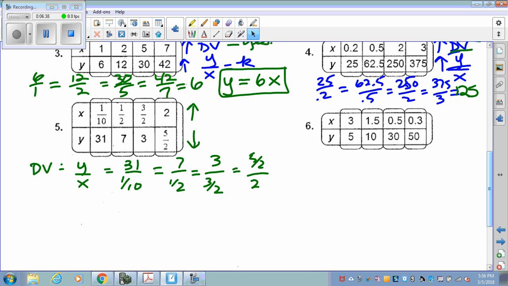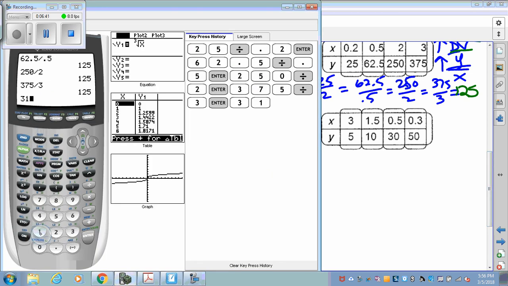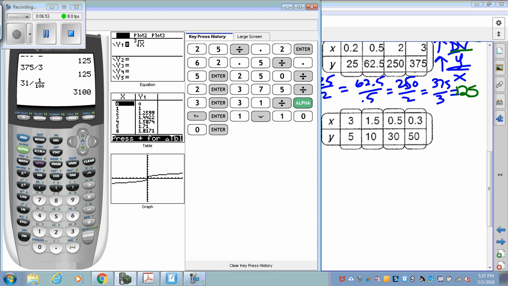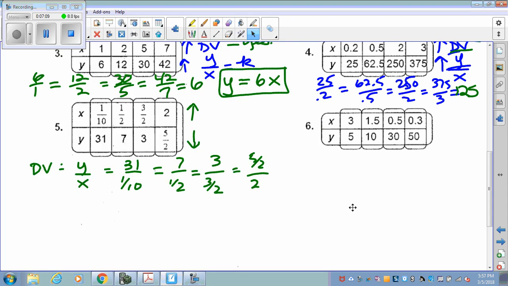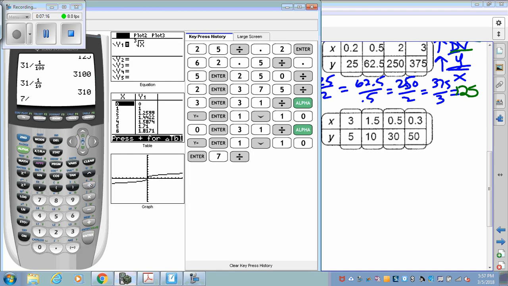So 31 divided by 1/10 is 310. And then 7 divided by 1/2 is 14.